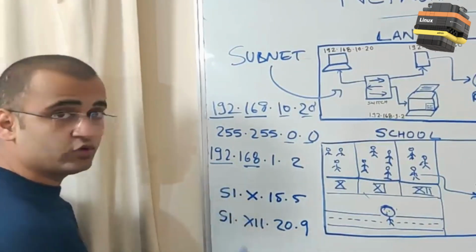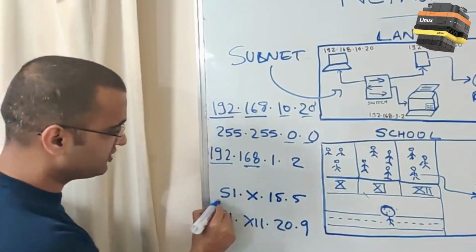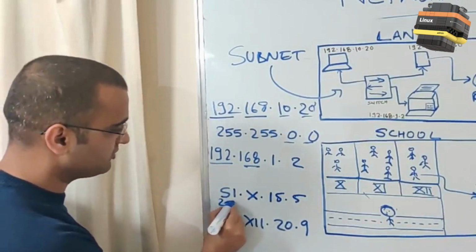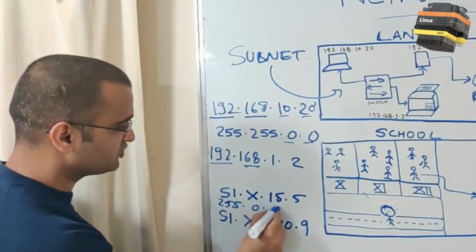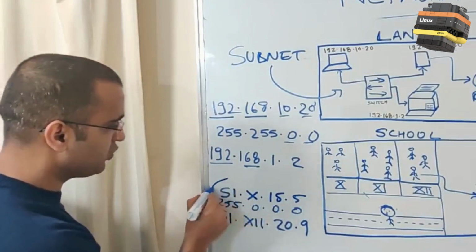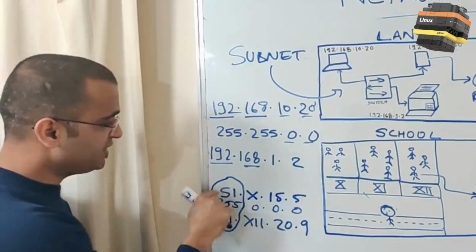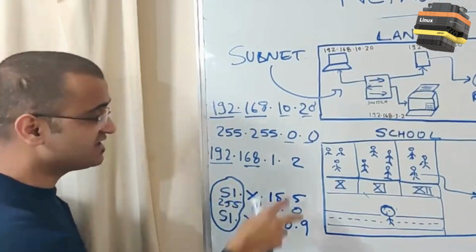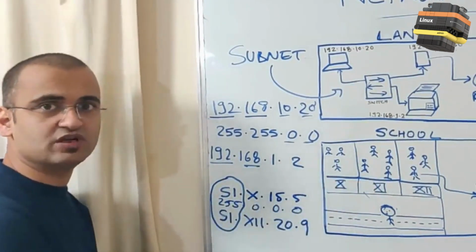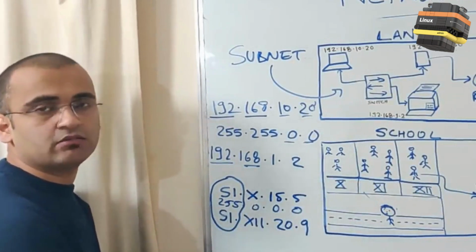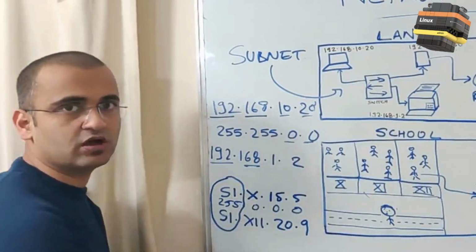So what would be the subnet range for this? You can identify. It would be 255.0.0.0 because we are only comparing this first part. If it matches with S1, that means these two students are from the same school and they can talk within this school network.